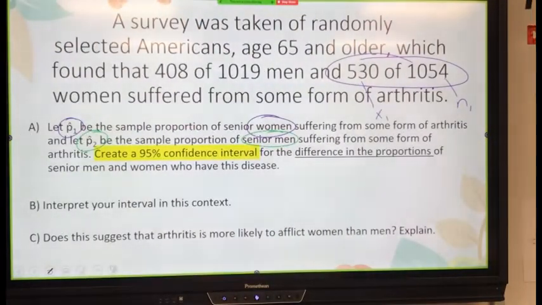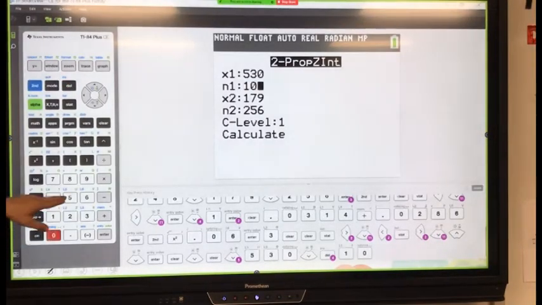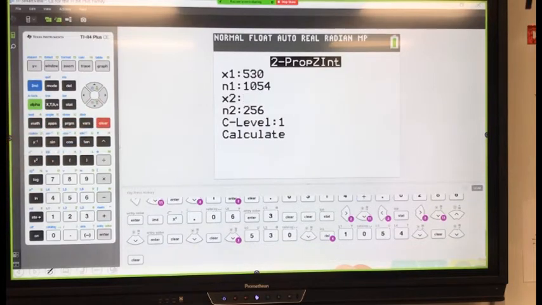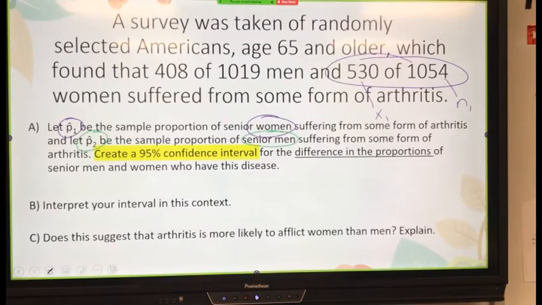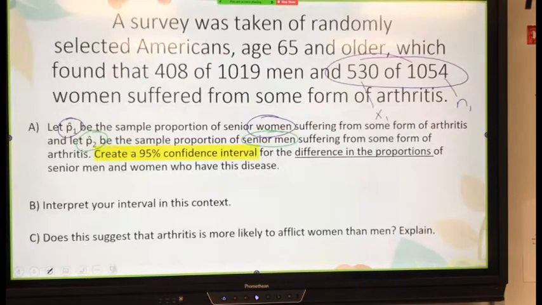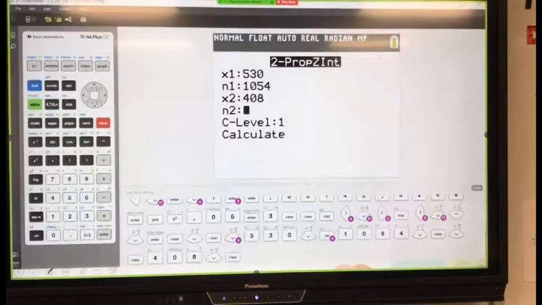So let me go 1,054. And what am I putting for my X2 and N2? The 408. Okay, very good. 408 for X2. And N2 will be the 1,019.